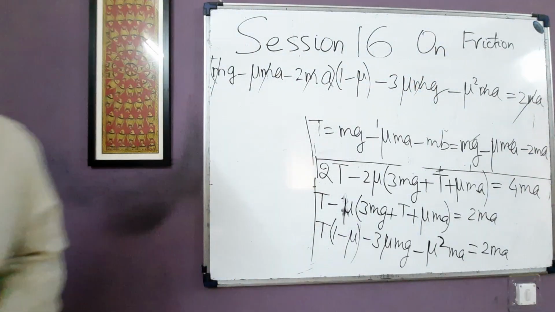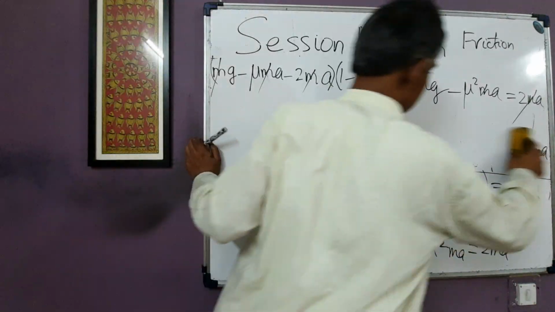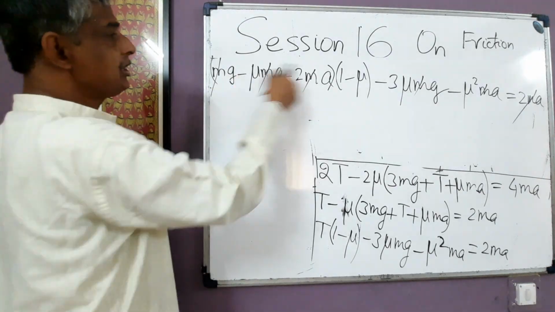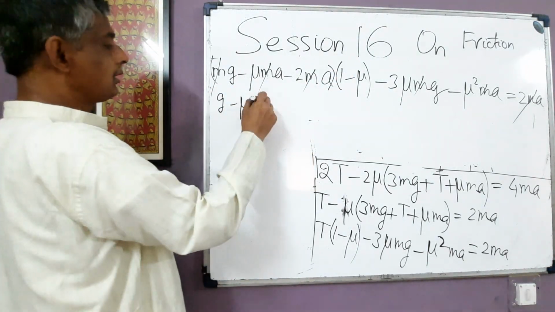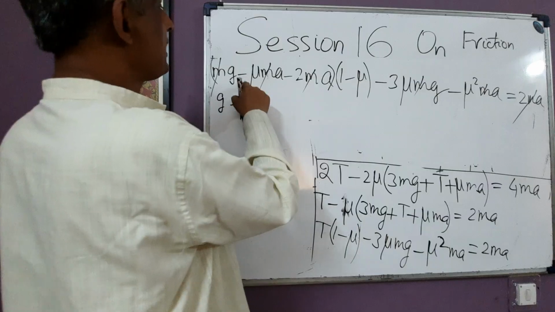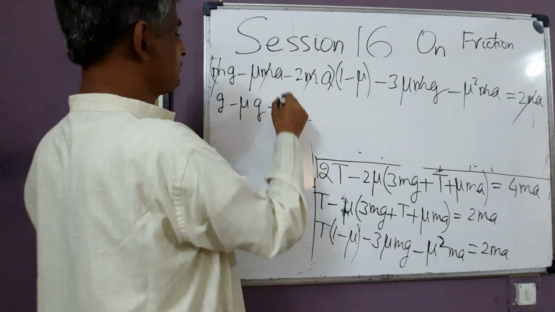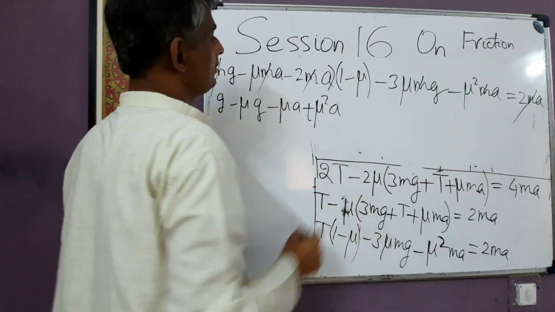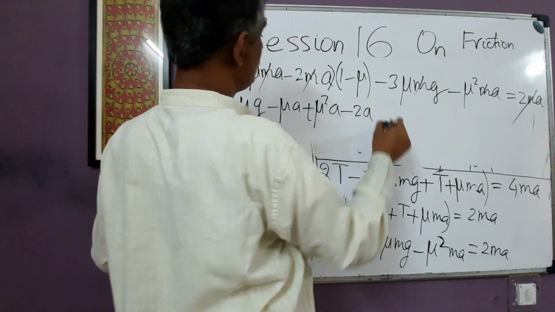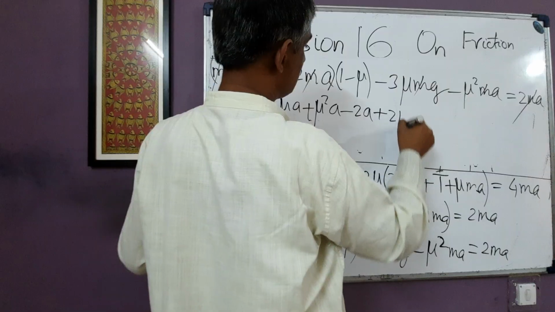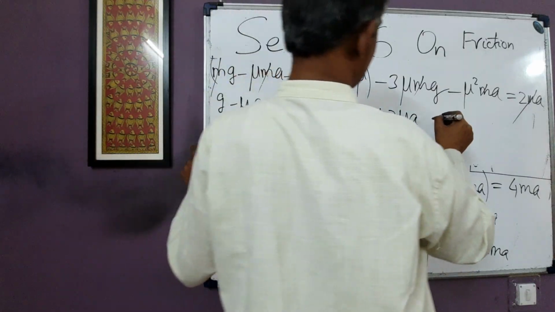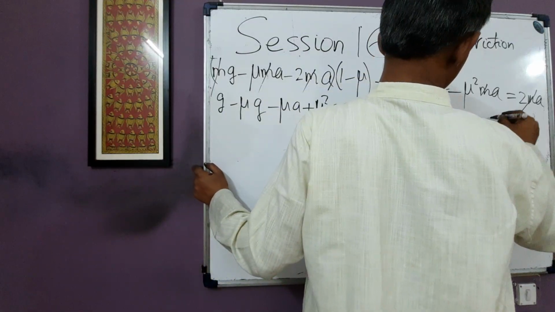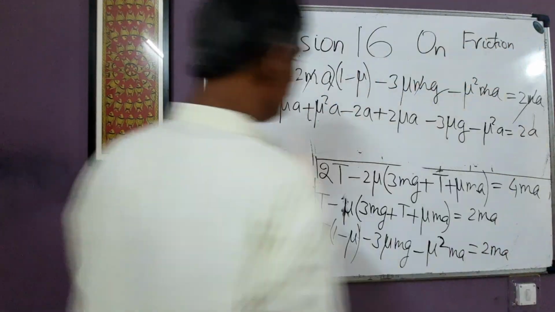I'll simplify this equation. I cross multiply it. g into 1 minus mu g minus mu g minus mu a into 1 minus mu a minus mu a into minus mu becomes mu square a, minus 2a plus 2 mu a minus 3 mu g minus mu square a equals 2a.